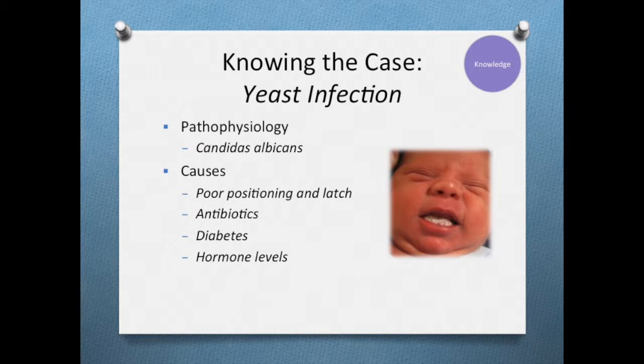Around 50% of the population carry Candida as a normal part of their body's flora, but when an event occurs that upsets the balance, yeast can proliferate. There are many causes of yeast infections, and some include poor positioning and latch, antibiotics, diabetes, and hormone levels. Also, babies born to mothers with a vaginal yeast infection may also develop oral thrush.